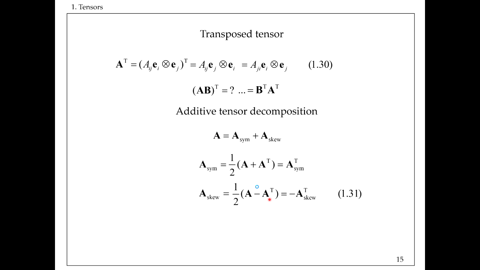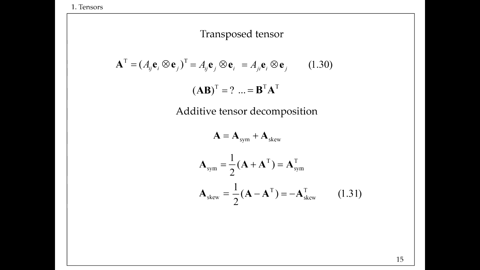So when we put the symmetric and antisymmetric parts back into this summation, we have half A and half A that produce A back, and these two terms eliminate each other. The transpose of the antisymmetric part will not be exactly the same, but negative.